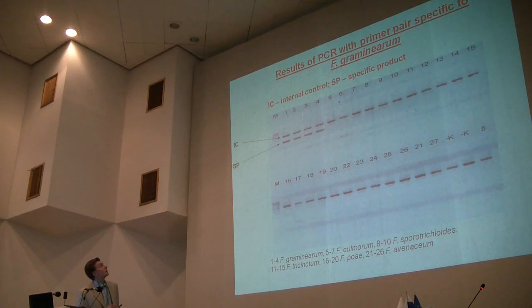You can see that lanes 1 to 4 show specific DNA of Fusarium graminearum, and there are no false positive reactions with other species of Fusarium. The internal control in this case represents a plasmid with specific fragments flanked by inverted repeats for amplification with only 1 primer.